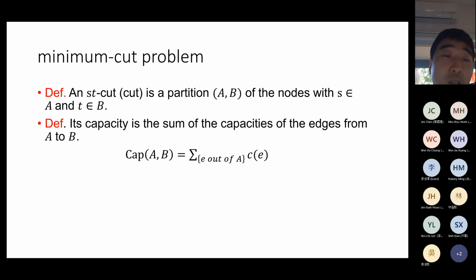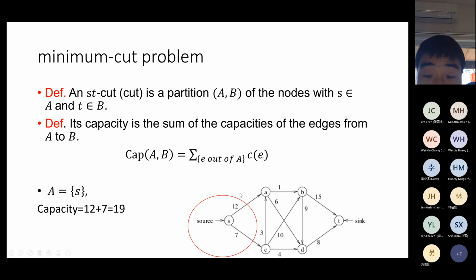Now let's define the min-cut problem. An S-T cut is a partition (A, B) of the nodes, so the union of A and B is all the vertices, such that S is in A and T is in B. For any cut, its capacity is the sum of the capacities of edges from A to B. In other words, the capacity of the cut (A, B) equals the summation of all C(E) such that E goes out of A to B. For the previous example, if A is just the set {S}, then the capacity is nothing but 12 plus 7, because the things going out of this cut A are 12 plus 7, which is 19.